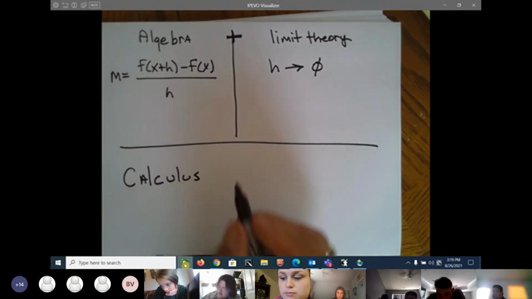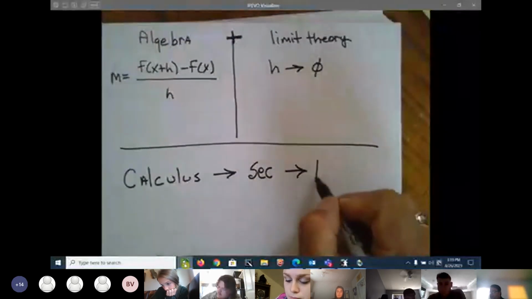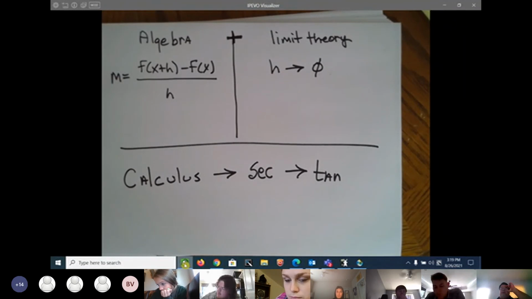Calculus. And you're turning the secant line into the tangent line. Now, half of you are saying, oh, okay, turning the secant line into the tangent line. The other half of you are saying, who the hell cares? Okay? So I'm going to show you why it matters.